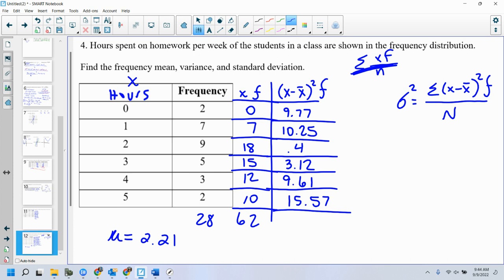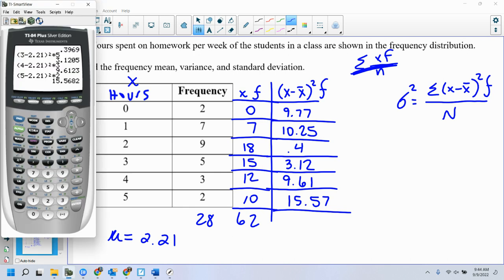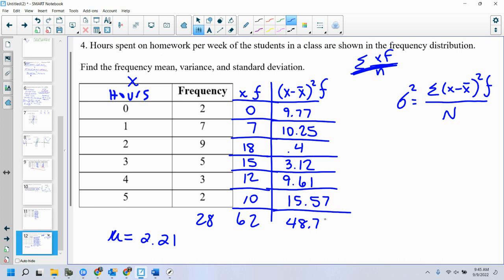So I'm going to add up all those x minus x bar squared times f. Got 9.77, 10.25, 0.4, 3.12, 9.61, and 15.57. That's 48.72.